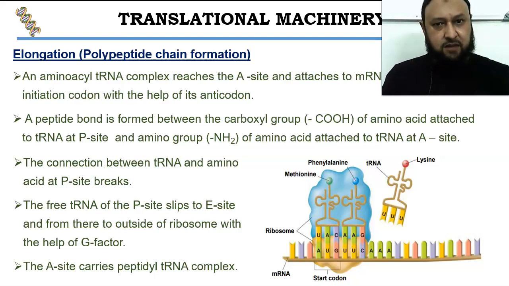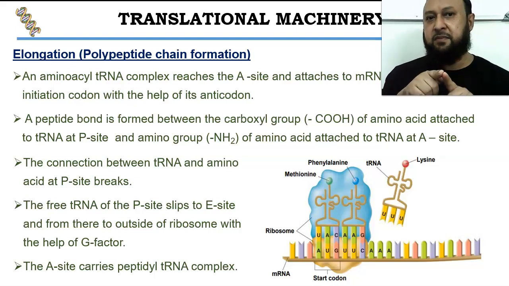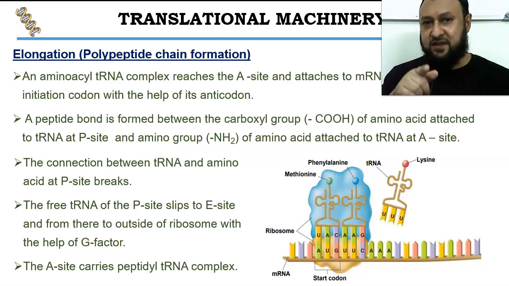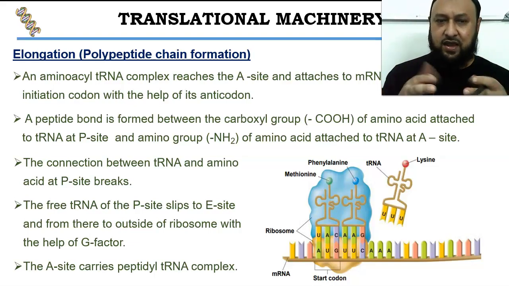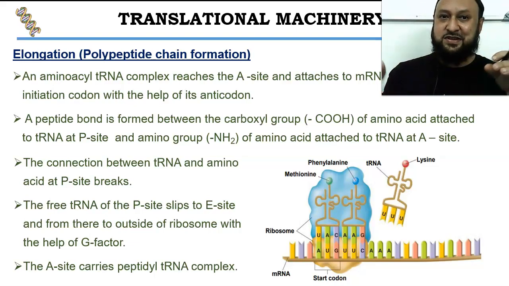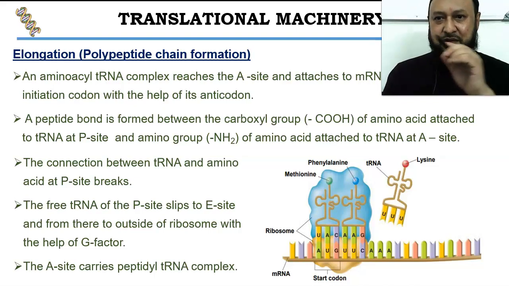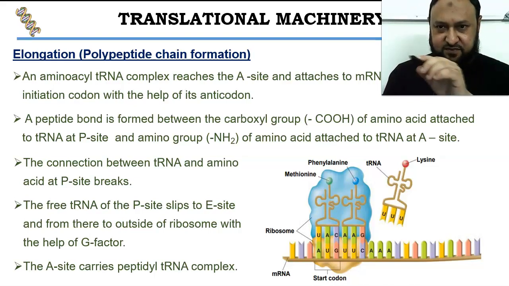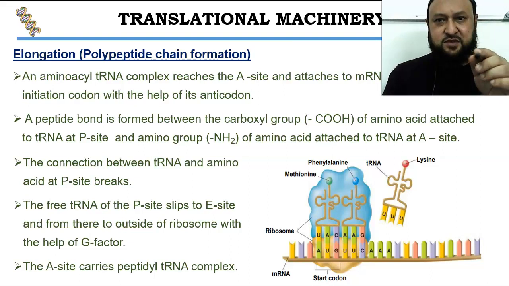Here methionine has come, now phenylalanine has come, and these two form a peptide bond in between. Now lysine is coming, and this will again join with a peptide bond, and this way it keeps on elongating into a chain. That is why it is called elongation.